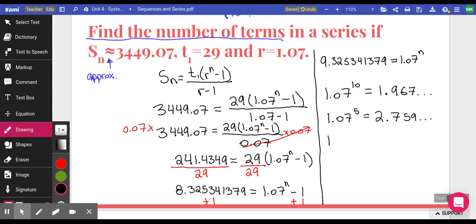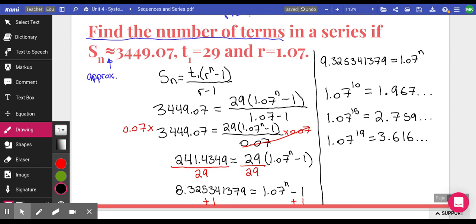So I'm going to try 1.07 to the power of 19. If I do that, I get 3.616, and so on. You can kind of start to see that I went up a lot and I'm still not even close.